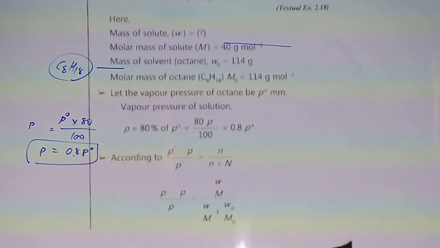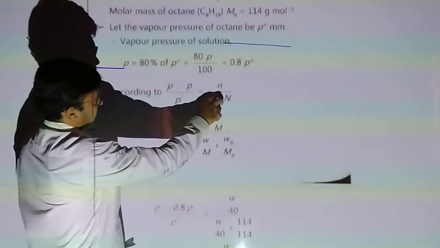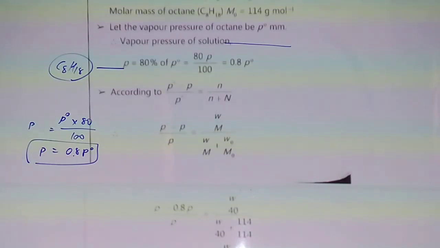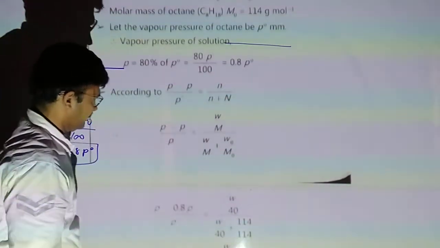According to Raoult's law, P degree minus P upon P degree is equal to n upon n plus N, and the relative lowering in vapor pressure equals the mole fraction of solute. So mole fraction of solute means mole of solute upon total mole.